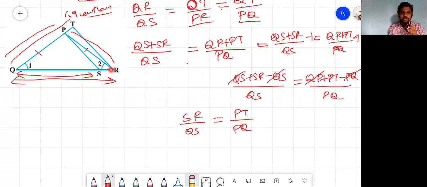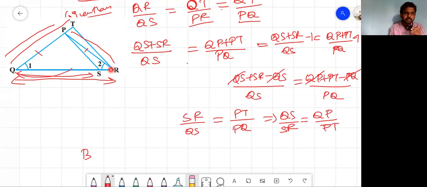So again, taking reciprocal, I will have QS divided by SR is equal to QP divided by PT, right? So by converse of BPT, you have QS divided by SR is equal to QP divided by PT, right?